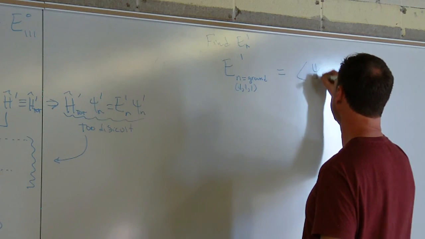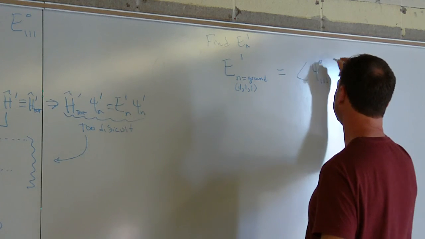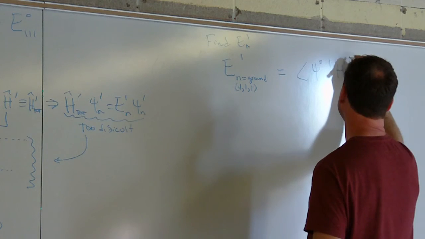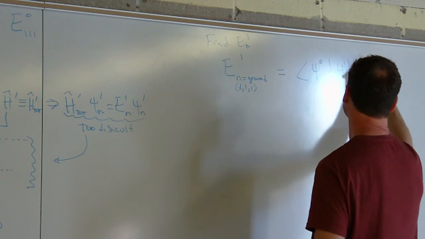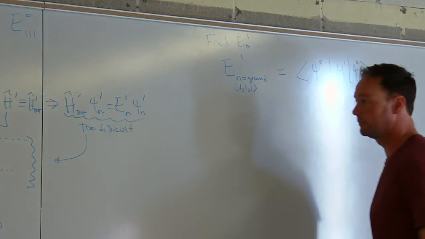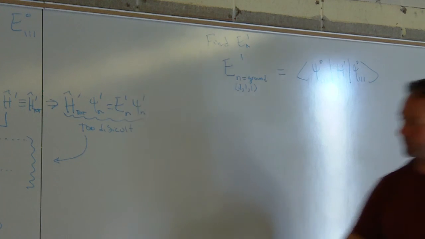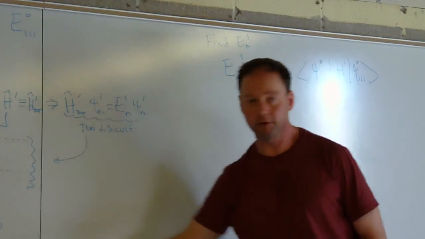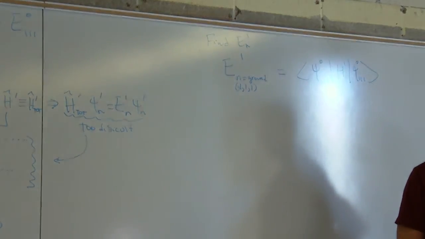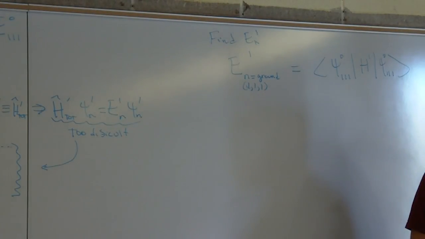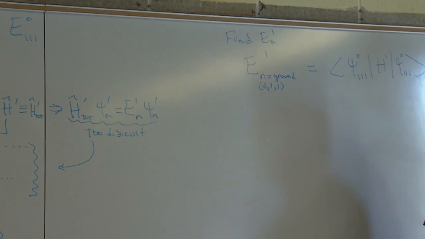It's going to be the bra psi_111^0, H prime, ket psi_111^0. Everybody agree? Can we use this, by the way, this is for non-degenerate perturbation theory. Can we use non-degenerate perturbation theory for n equals 1? Yes, because it's non-degenerate, okay?